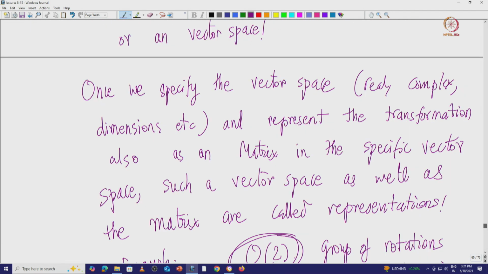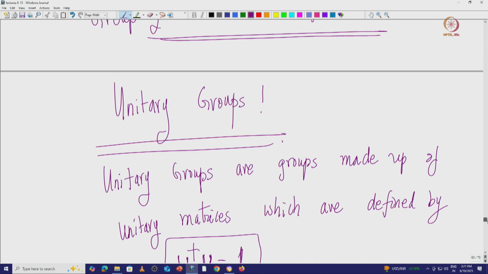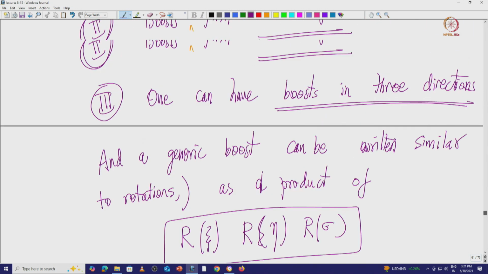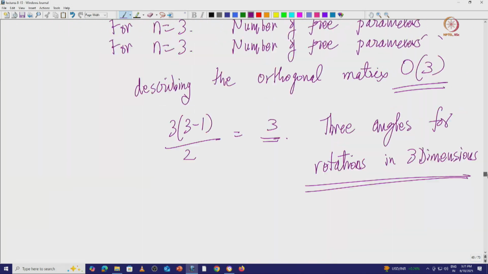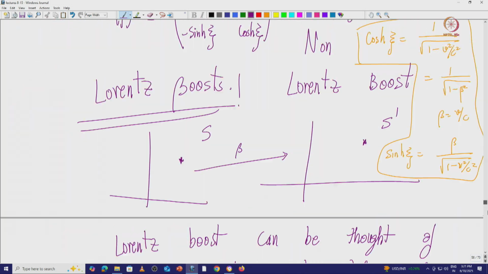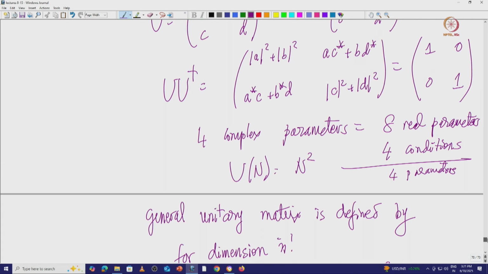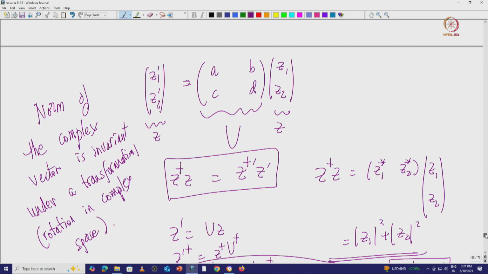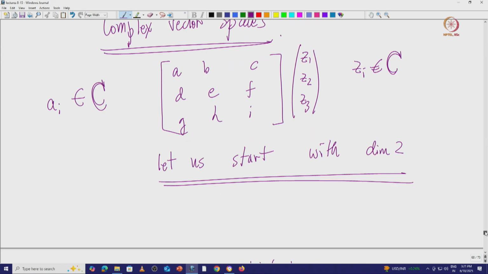This tells you why we introduced orthogonal groups, rotation groups, and then compact, non-compact, and so on. Finally we have ended up with unitary groups, and with these we could redo what we did with orthogonal groups, so we could move very fast. Unitary groups are exactly the same thing as what we did for orthogonal groups, but for complex vector spaces.